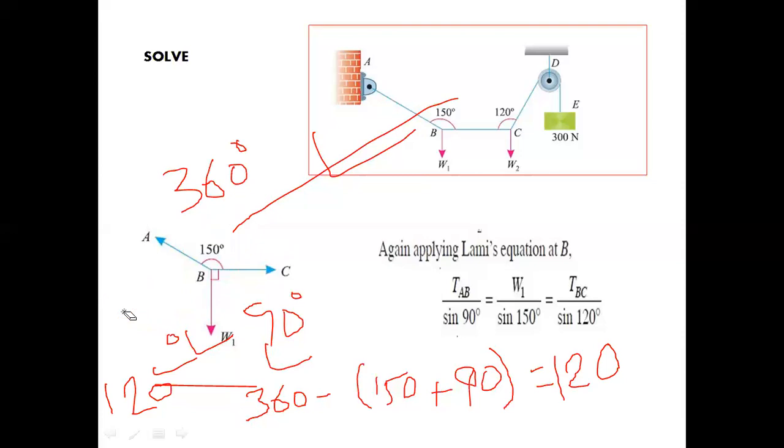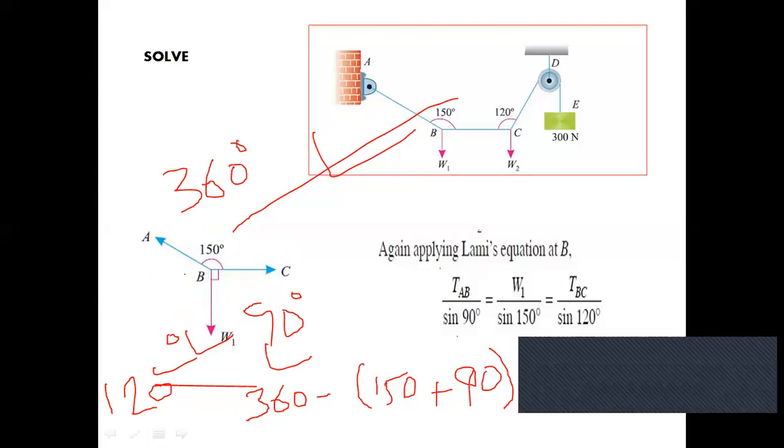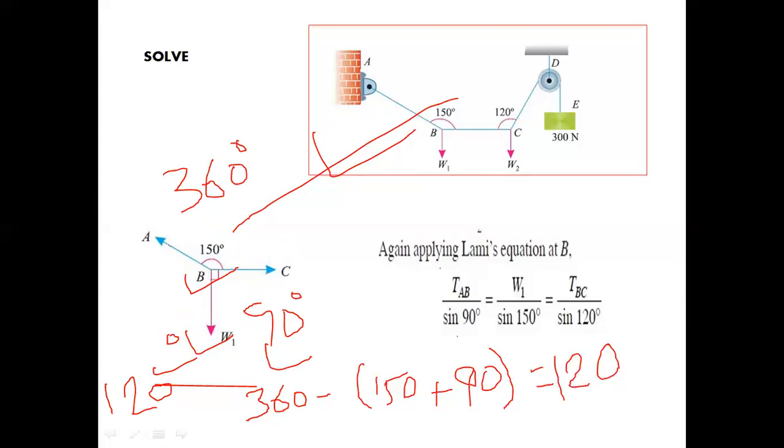After that, applying Lami's theorem at point B. At point B, according to Lami's theorem, tension BC acts in this direction.